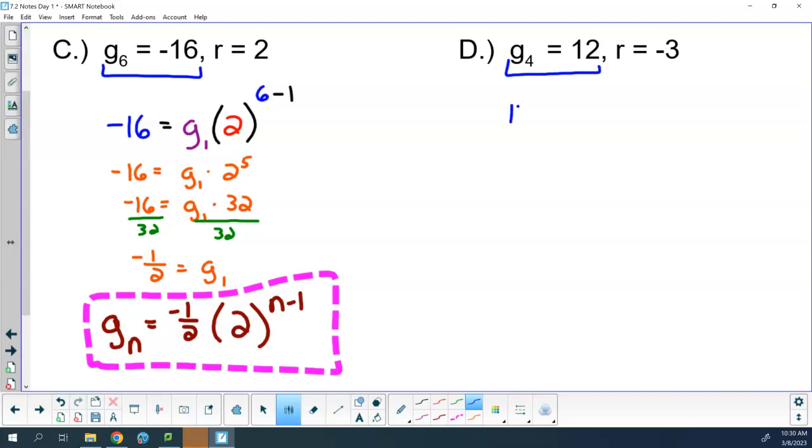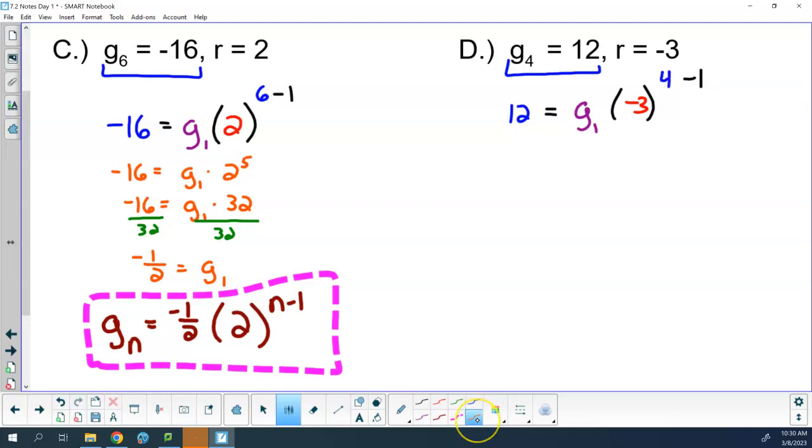That's going to be 12 equals g sub 1 times r, which is negative 3 to the 4 minus 1 power.